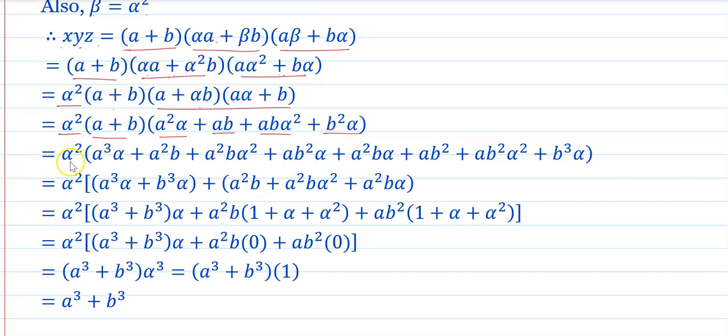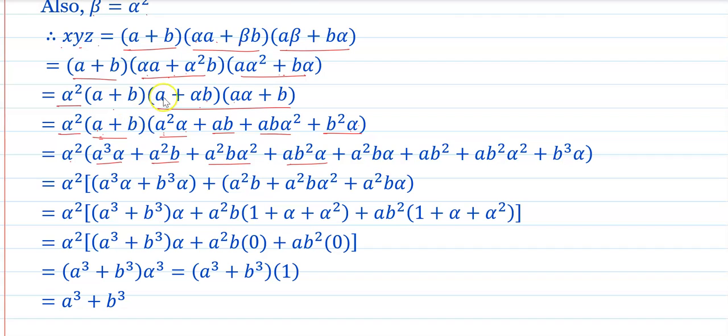Next, this alpha square, keep this again as it is. Now we have to multiply this whole bracket by a and b. First, a into a square alpha, you will get a cube alpha. a into ab, you will get a square b. a into ab alpha square, you will get a square b alpha square. Okay. a into b square alpha, you will get ab square alpha. Okay.